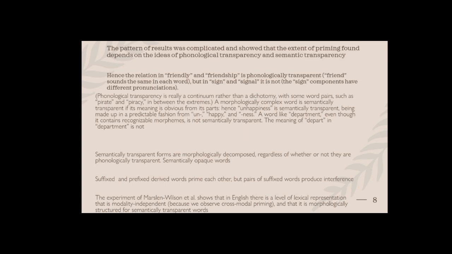This is because when we have a suffixed word, we hear the stem first. The experiment of Marslen-Wilson shows that in English there is a level of lexical representation that is modality independent because we observe cross-modal priming, and that is morphologically structured for semantically transparent words. This is because of the pattern of facilitation shown.